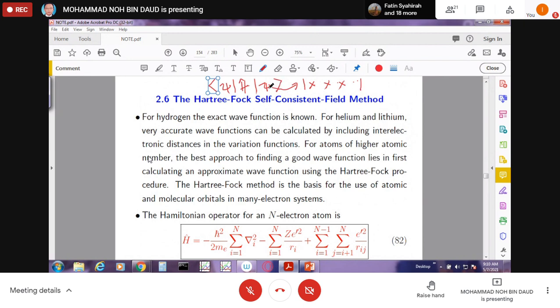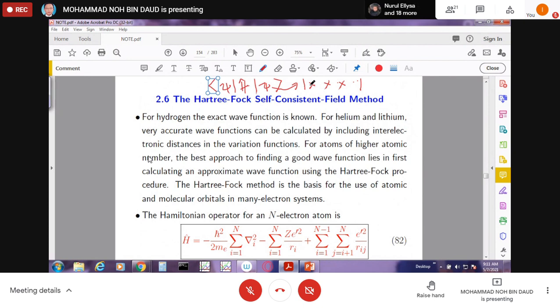So the trial function we use in this variational method, on which Hartree-Fock is based, is the anti-symmetric Slater determinant, a linear combination of spin orbitals. Each of these matrix elements is the product of a spatial orbital and a spin function, which is called a spin orbital.